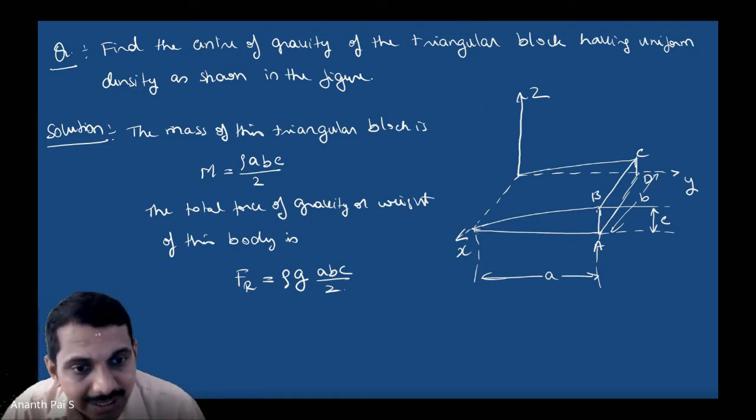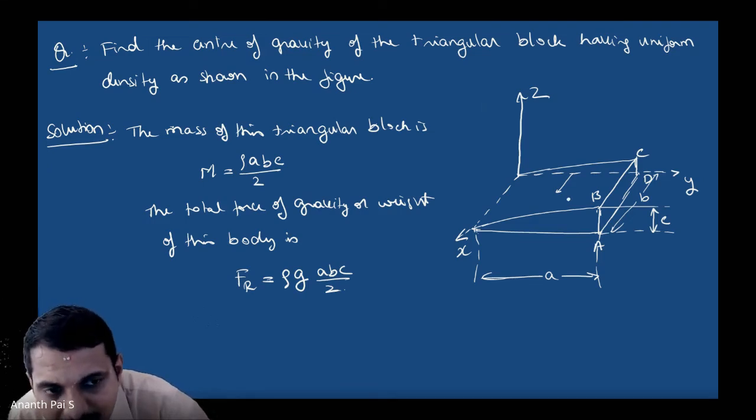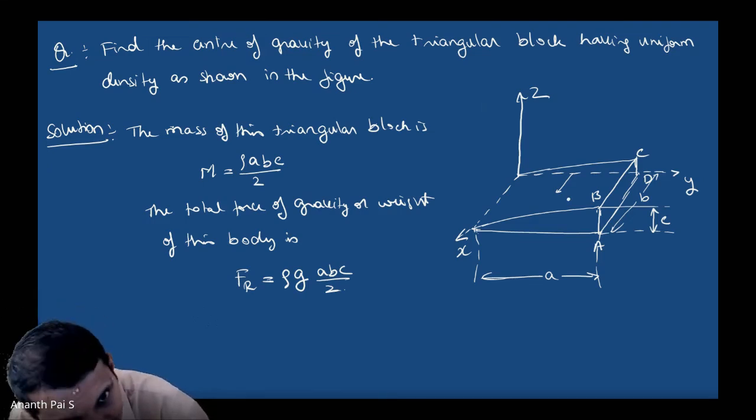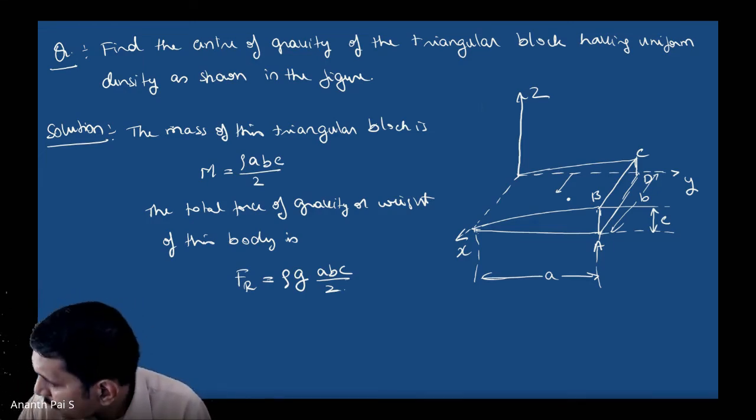So now let us see, X bar means we have to take distance from the Y axis. This is somewhere here, you say it is X bar, Y bar. So what is X bar? X bar is this distance, Y bar is this distance, Z bar is distance from the XY plane. Correct? This way we have to understand.